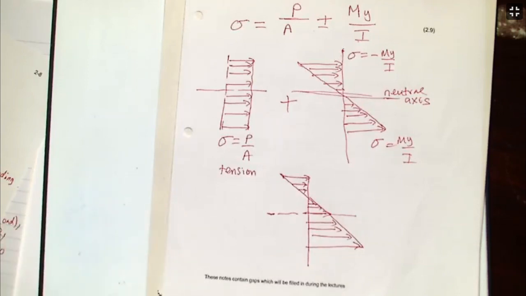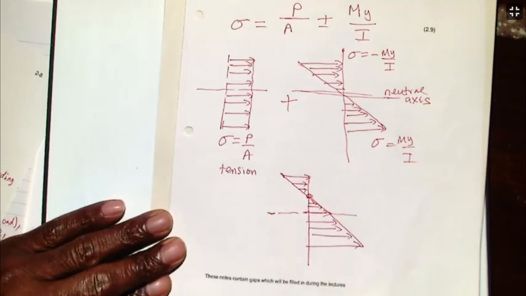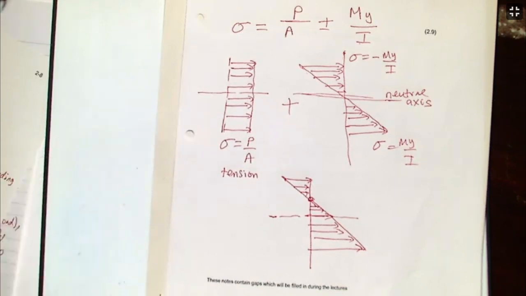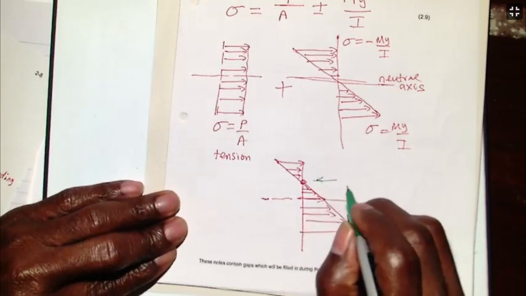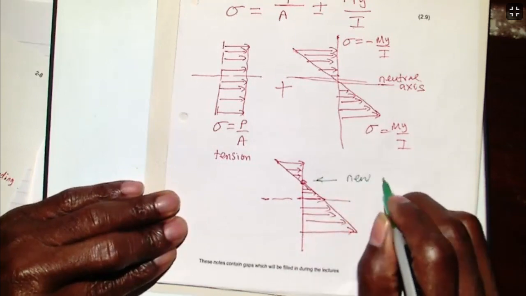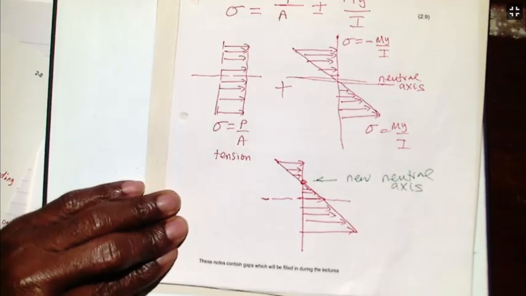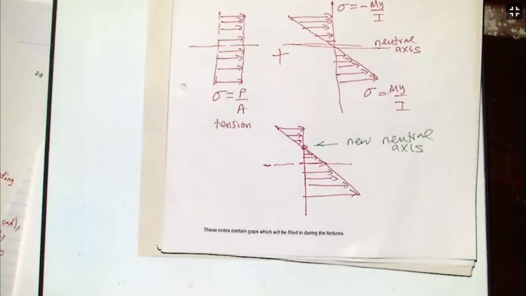So that is what we will now have. The point where you now have no stress is no more at the center, because it's been shifted. So this is now our new neutral axis. So the stress has changed that.